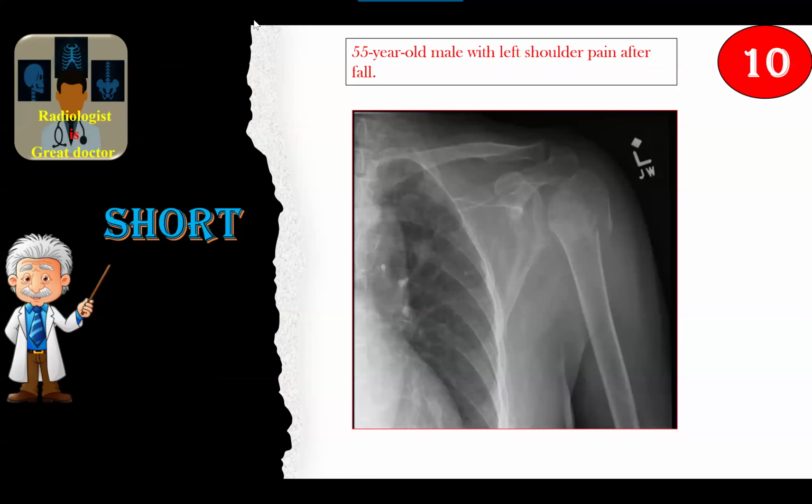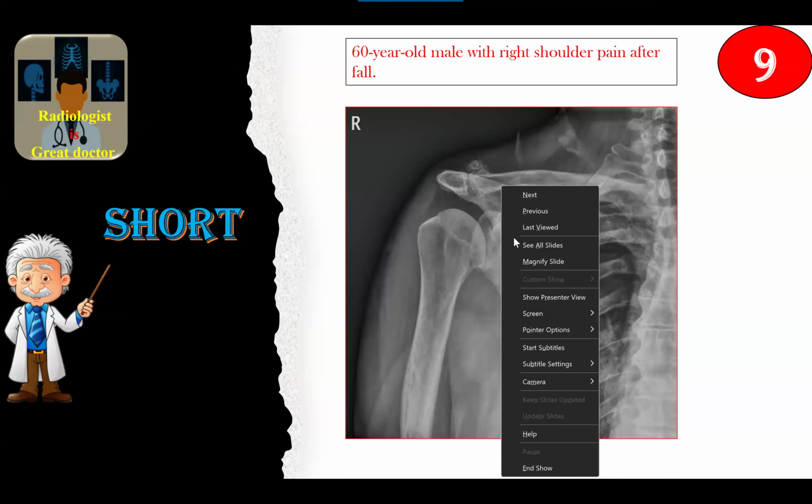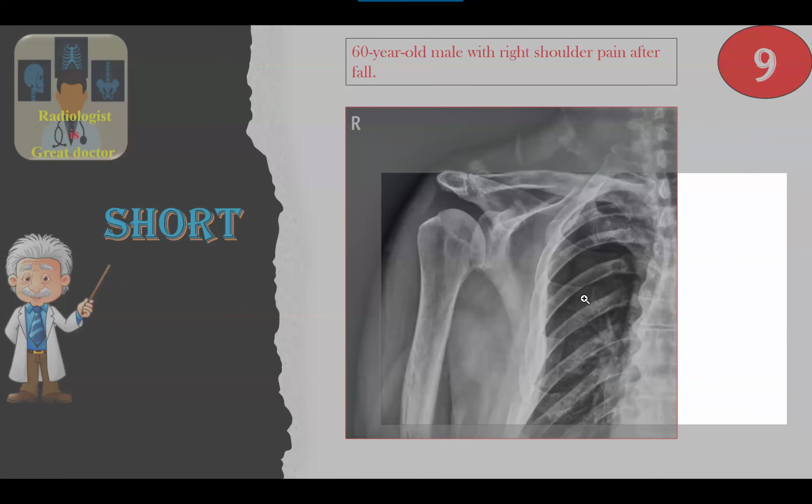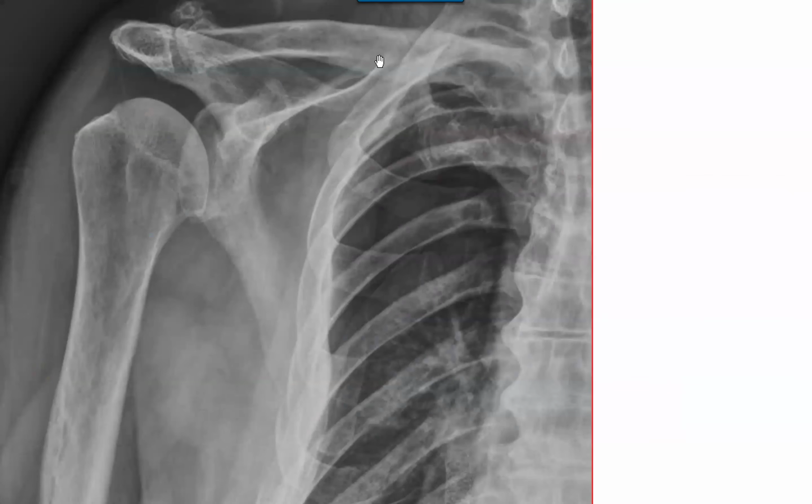So in summary, my friends, I will show you the pneumothorax. You see here, this is the lung edge. This line is the pleural line.